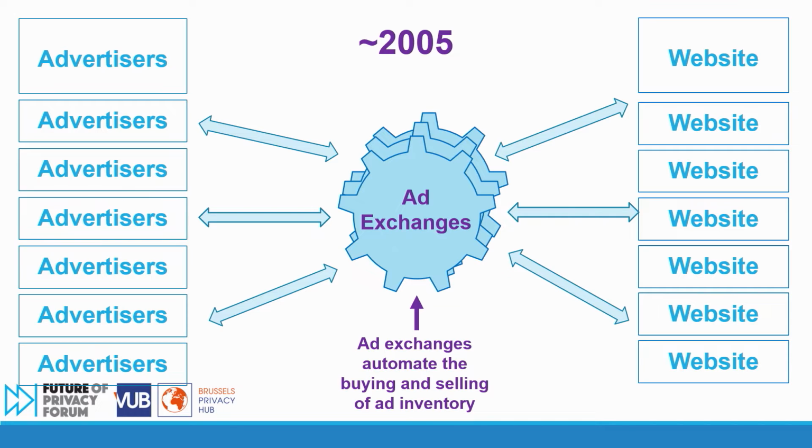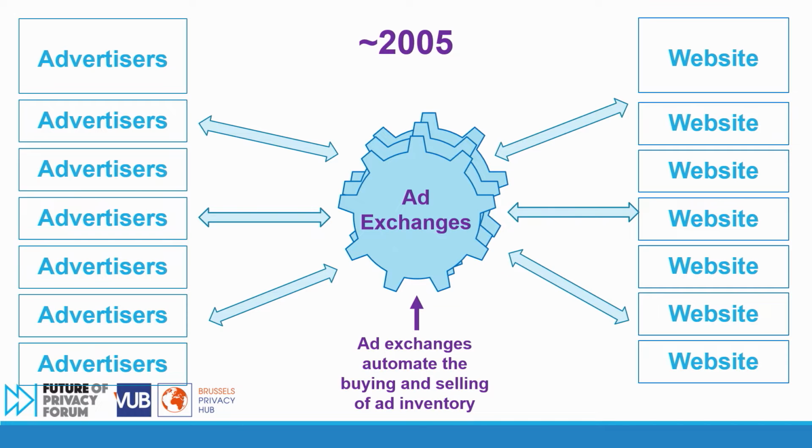On the supply side, websites could have one party, ideally, that they interacted with, and then that request, rather than having to be daisy-chained, sometimes across multiple ad networks before the rise of ad exchanges, it could go to one supply-side platform, it could go into the ad exchange, and there could be a real-time auction where multiple parties representing the advertisers, multiple parties representing the demand side, could all, within sometimes just tens of milliseconds, conduct an auction. The winner would then send their ad down through the supply-side platform onto the website.